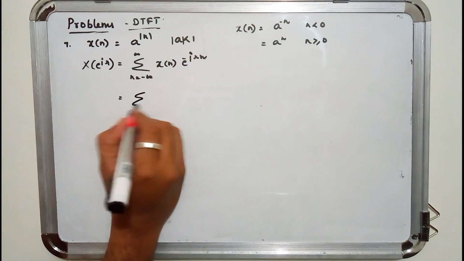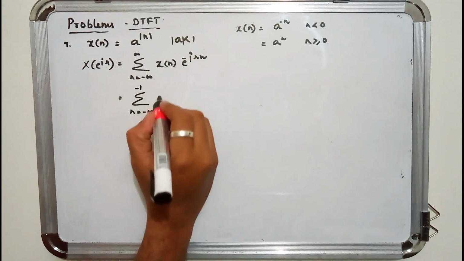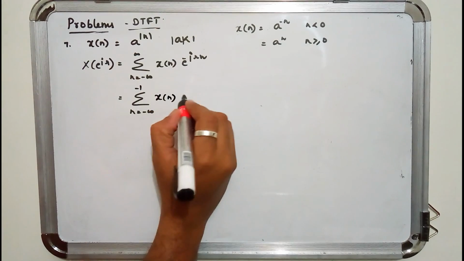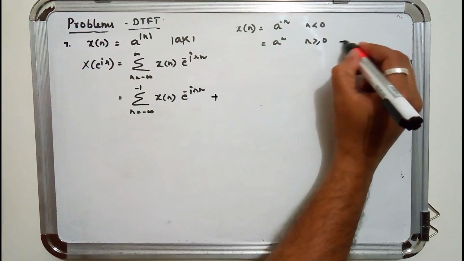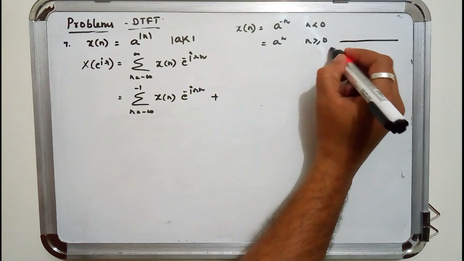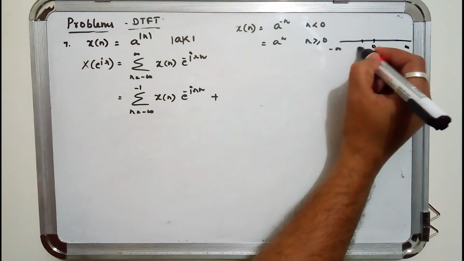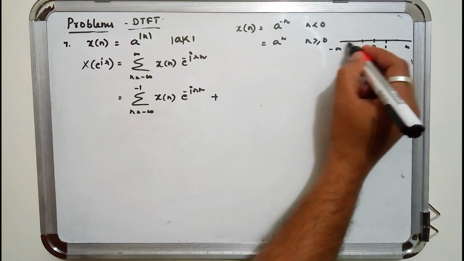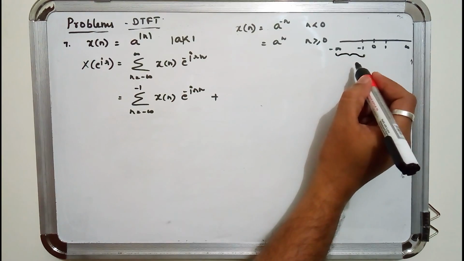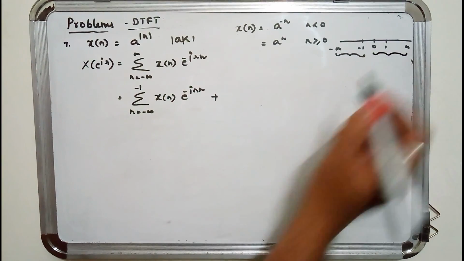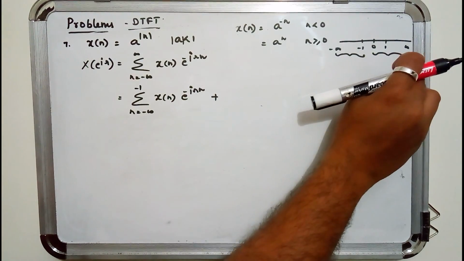So I will split this summation as n is equal to minus infinity to minus 1 of x of n e power minus j omega n plus, see, on a number scale, if this is 0 and this is infinity, this is minus 1, this is 1, minus 2 and so on. So I sum from minus infinity to minus 1, and then from 0 to infinity, because these are negative values and these are positive values of n.